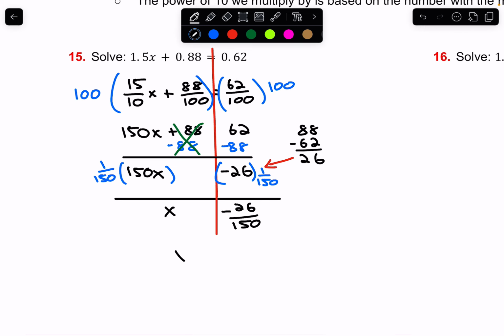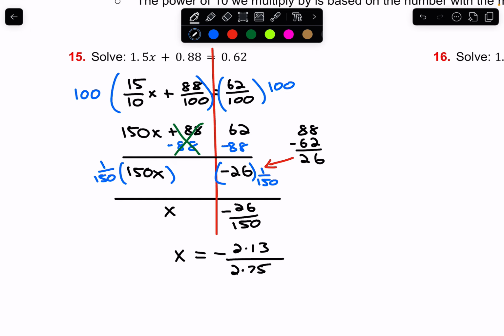Okay, so I have x equals, and then instead of writing it as 26 over 150, I'm going to try to break this down into factors. So I know 26 is 13 times 2, so 2 times 13. So now when I break down 150, the only things that I care about trying to divide it by are those two factors on top, 2 and 13. So I know that 150 is 2 times 75.